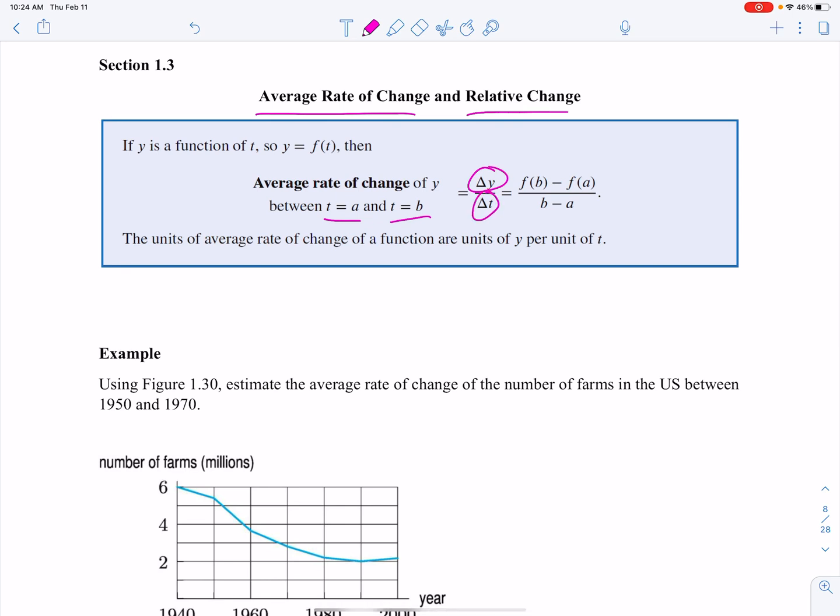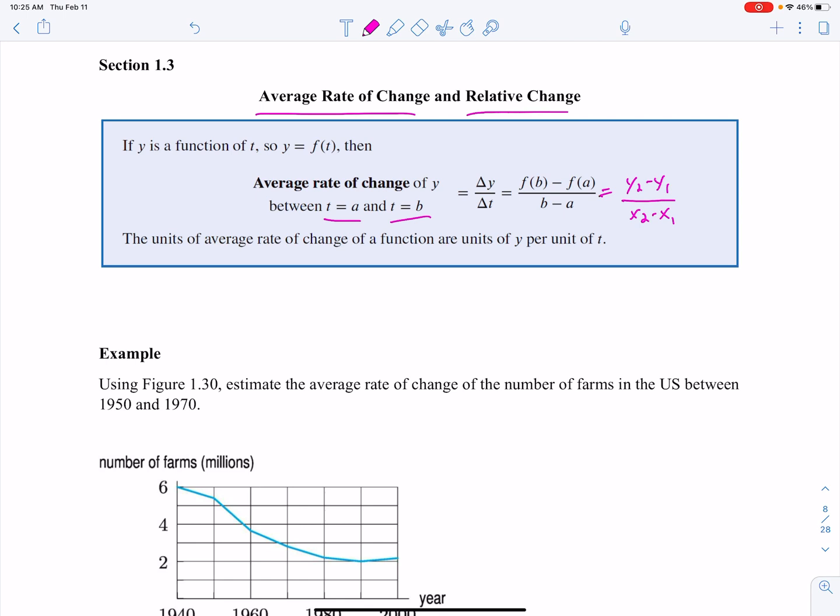Change in y over change in t, delta y over delta t, just as we've discussed before. It can be also written like this, f of b minus f of a over b minus a. It still goes back to your algebra days, y2 minus y1 over x2 minus x1. It's the same thing, okay?